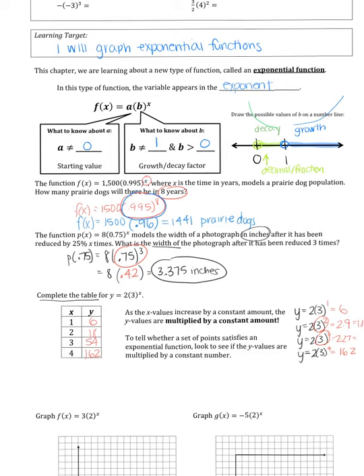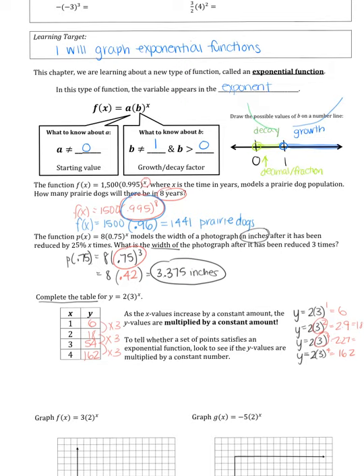So notice if I multiply 6 times 3, that gives me 18. 18 times 3 gives me 54, and 54 times 3 gives me 162. So as long as the x's are going up by a constant amount, by 1 each time, the y values are multiplied by a constant amount.